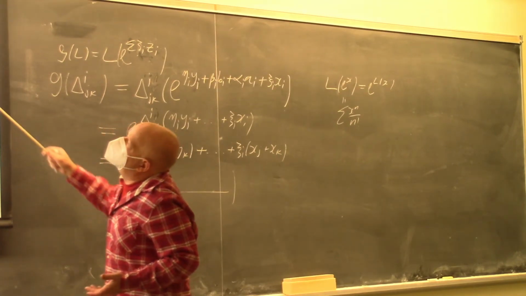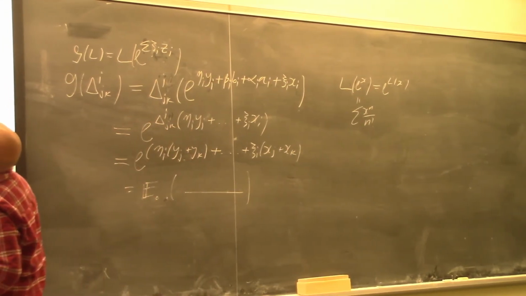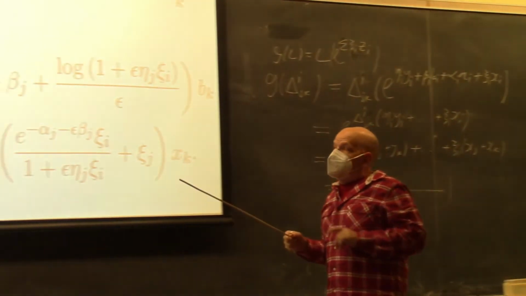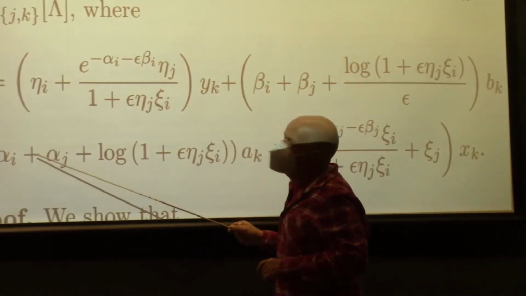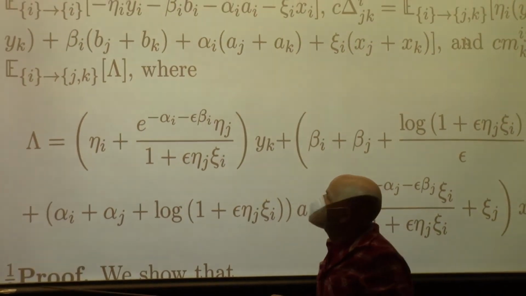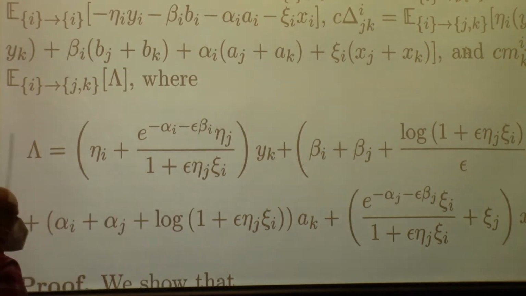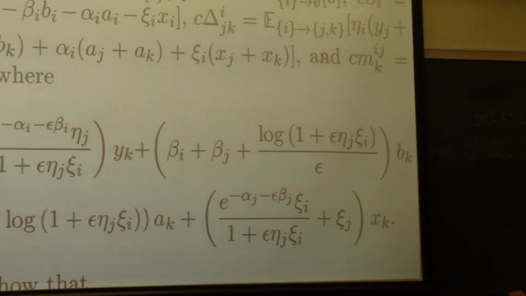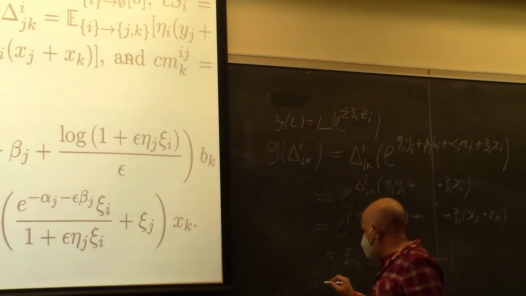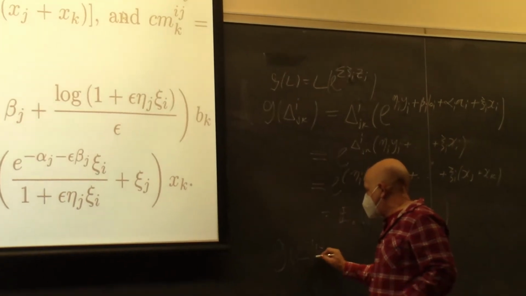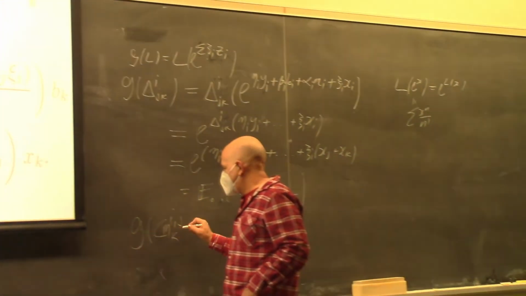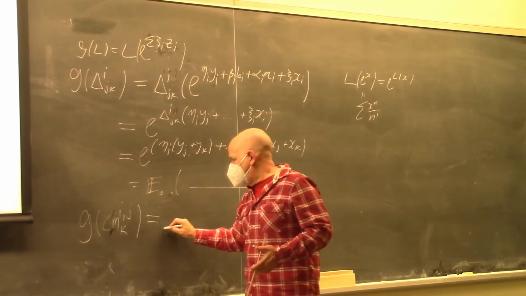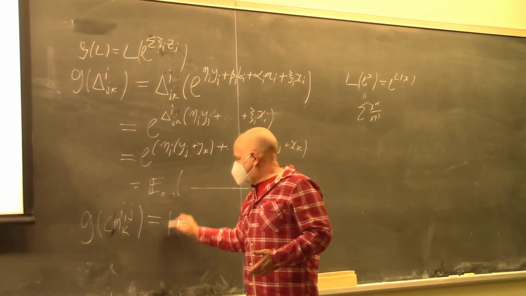So I've done it for the most complicated one, and you can check that all the others are easier, except for multiplication. So classical multiplication, the generating function of the classical multiplication with input ij and with output cm. Well, I don't know what it's going to be, but let's just think about it.